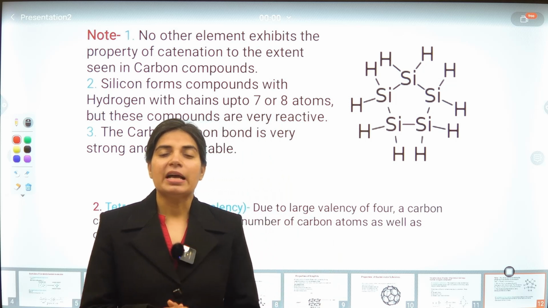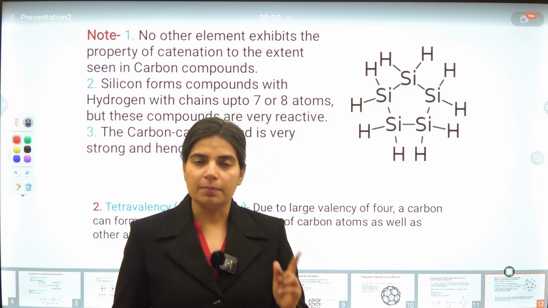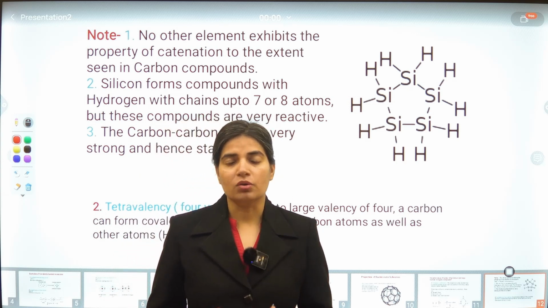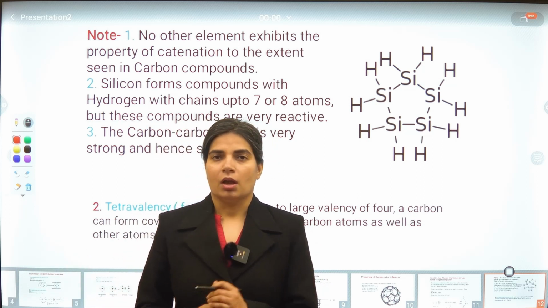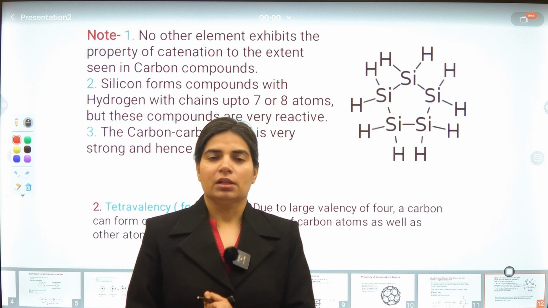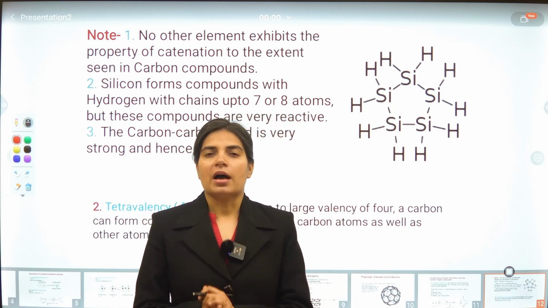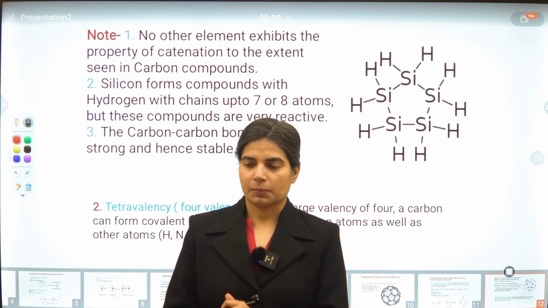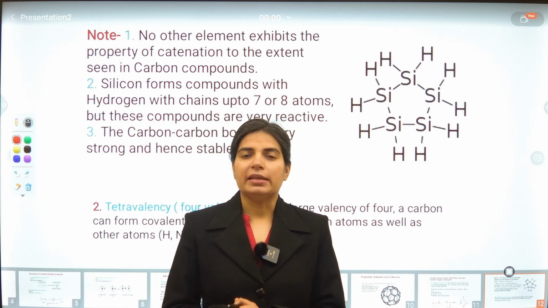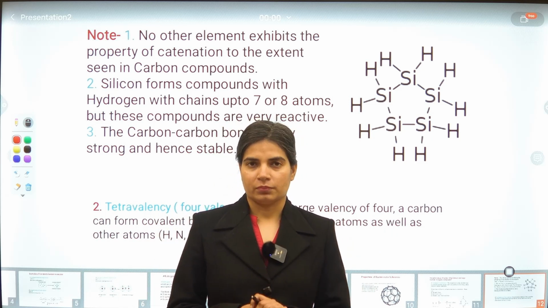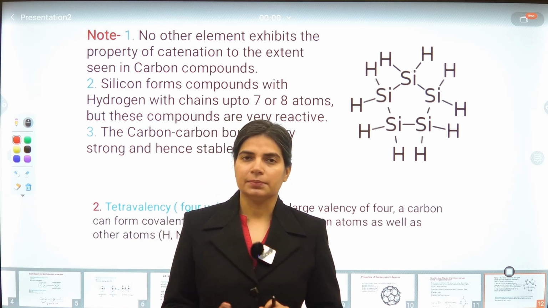The reason is that silicon compounds are less stable as compared to those of carbon, because their reactivity is very high. And we know that if the reactivity is high, then the stability is low, and if the reactivity is low, then the stability will be high.